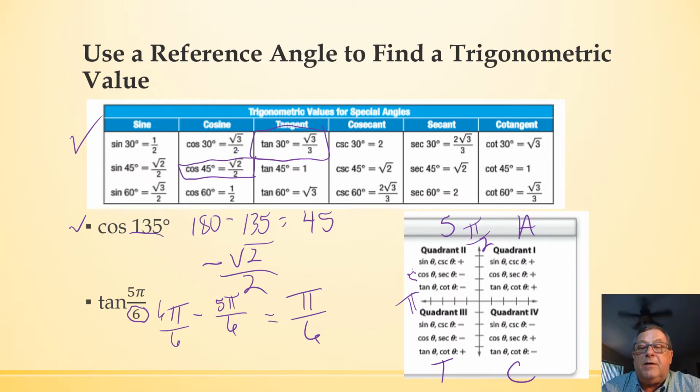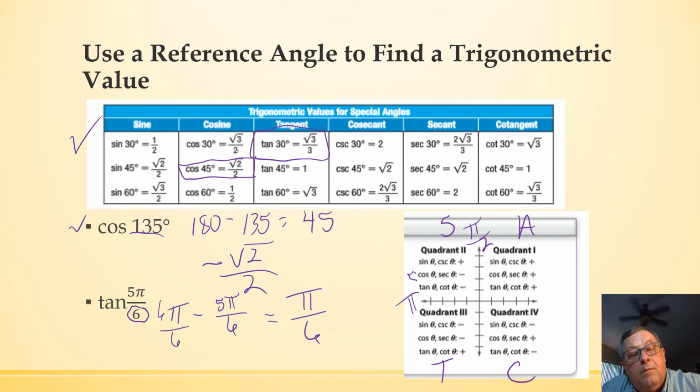Then I got to ask myself again, what quadrant am I in? Well, I'm going to be in quadrant 2, because it's 5 pi over 6, my actual radian measure. So I'm going to be in quadrant 2, and in quadrant 2, the only trig values that are going to be positive are sine and cosecant. Everything else is going to be negative.